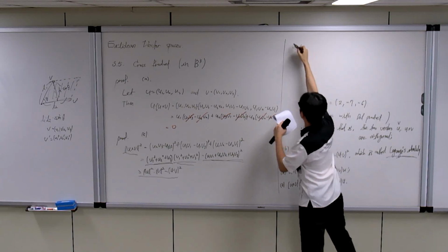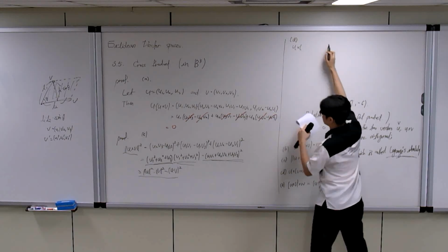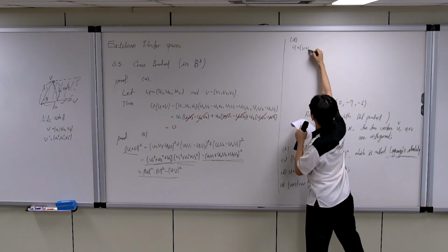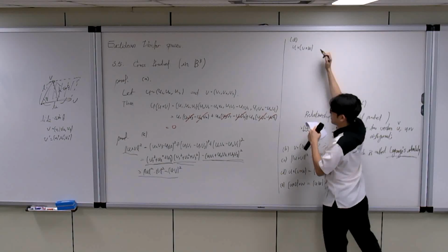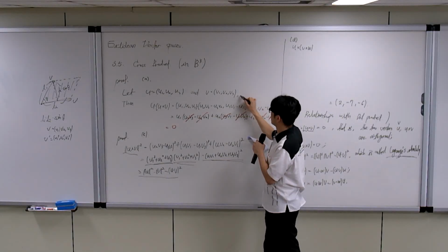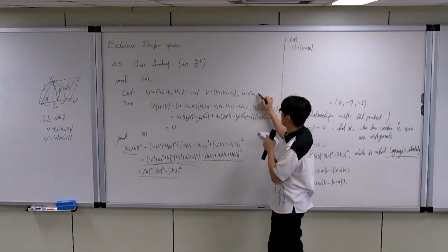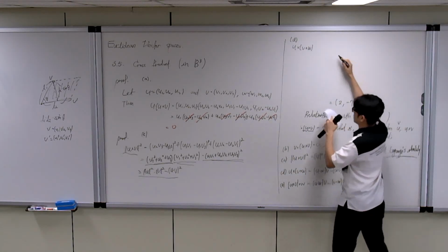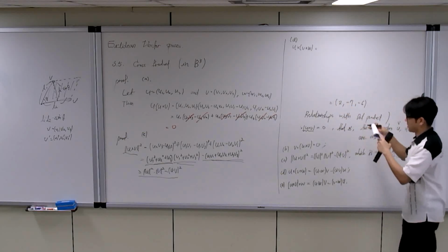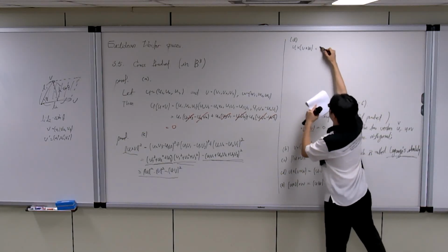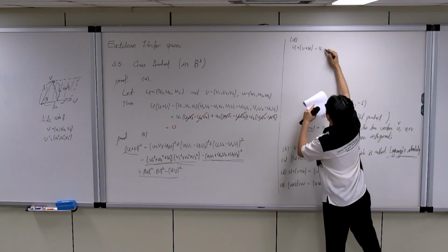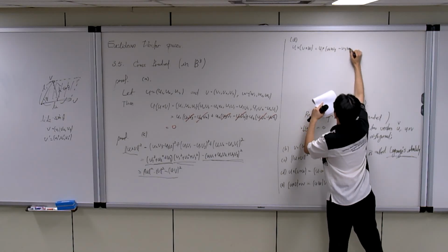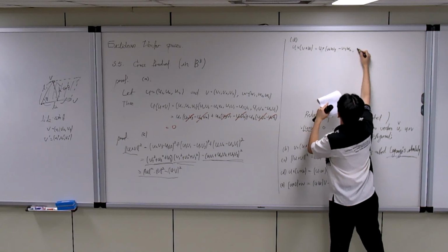And proof D: U cross product, V cross product W, and W's coordinates are W1, W2, W3. It might be long, so I will skip the detailed calculation.